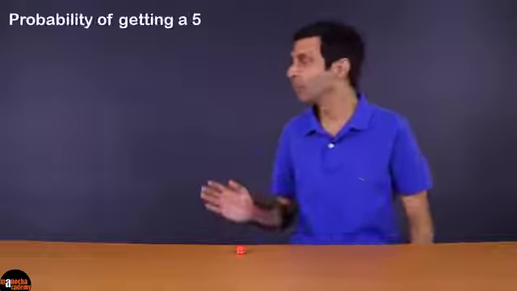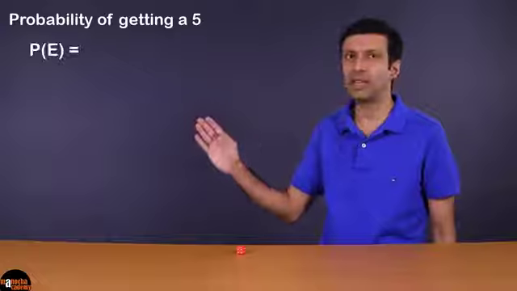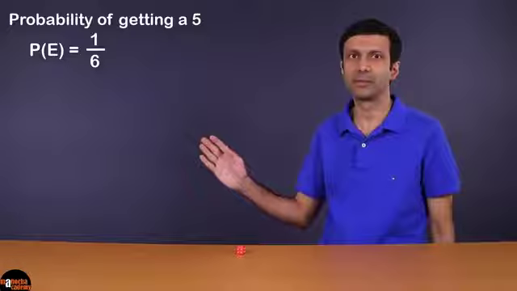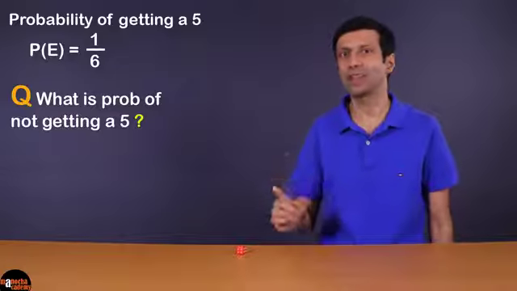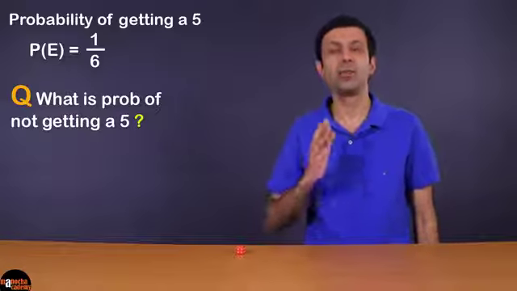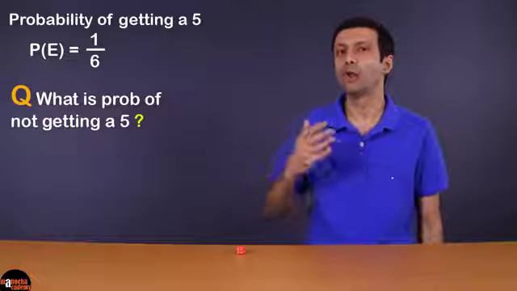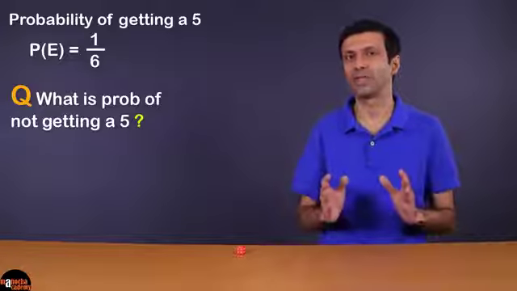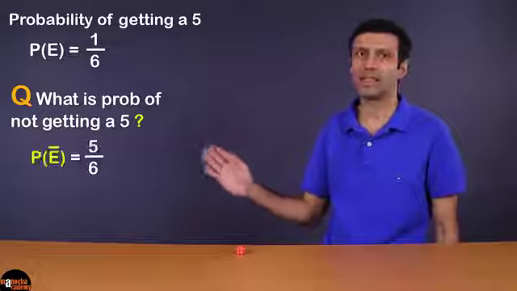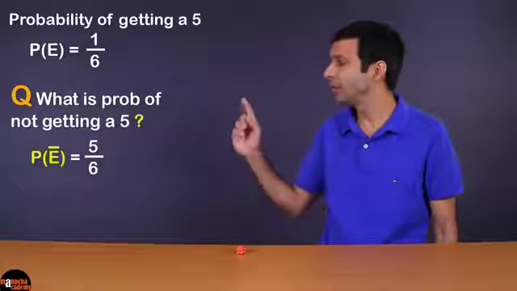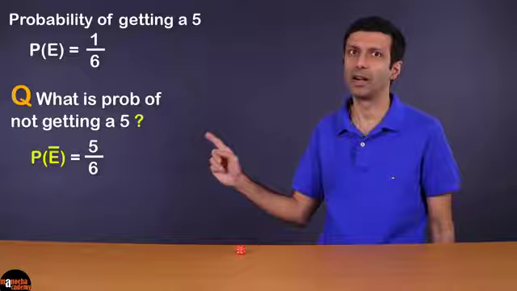When we roll a dice, as we saw, the probability of getting a 5, P(E), equals 1 by 6. Now let me ask you, what is the probability of not getting a 5? So getting a 1, 2, 3, 4 or 6, but not a 5. That's right, the probability is going to be 5 by 6. And this is denoted by probability of E bar.